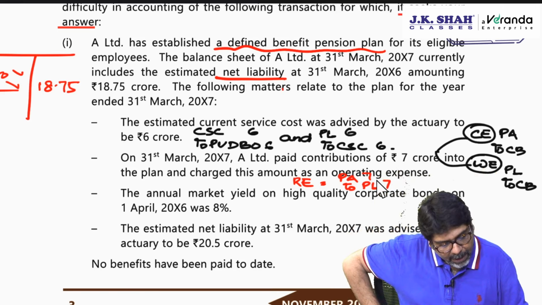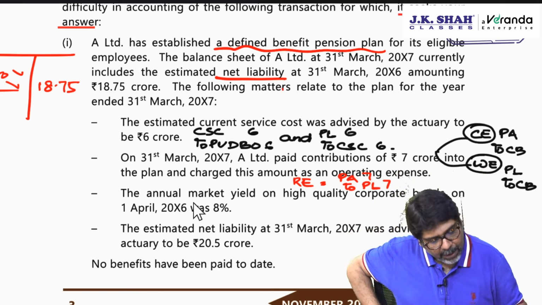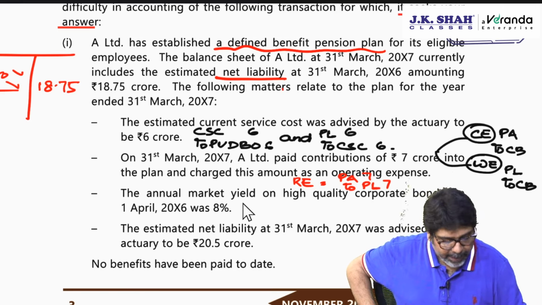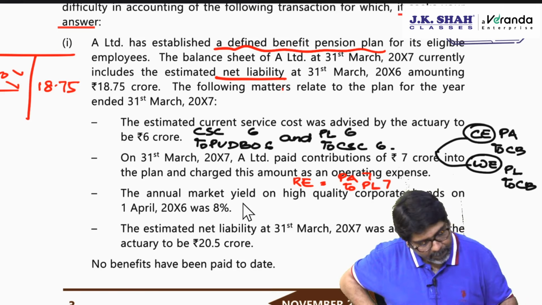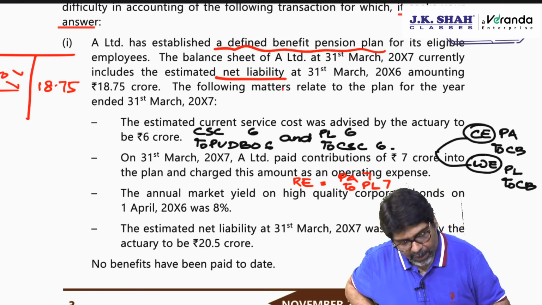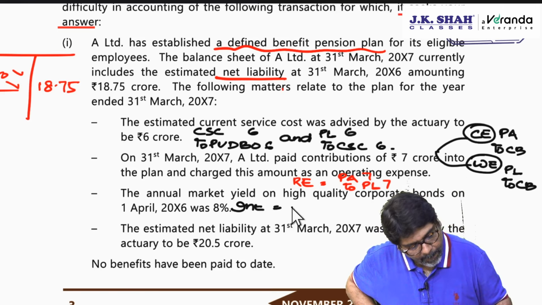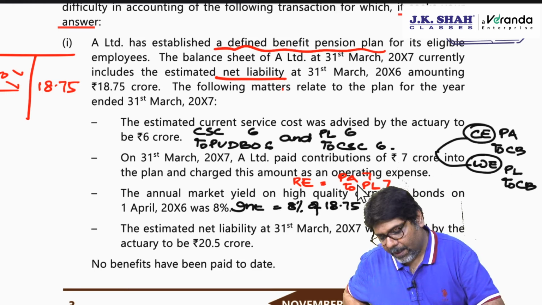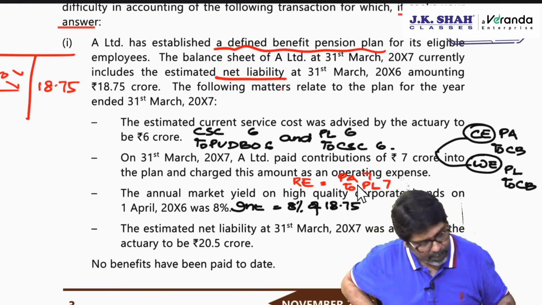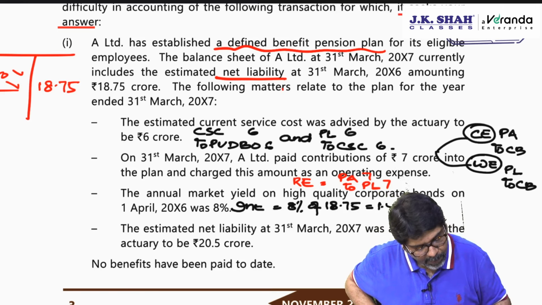The actual market yield on high quality corporate bonds on 1st April was 8%. So interest will come to 8% of 18.75. 18.75 into 8% is equal to 1.5 crores.